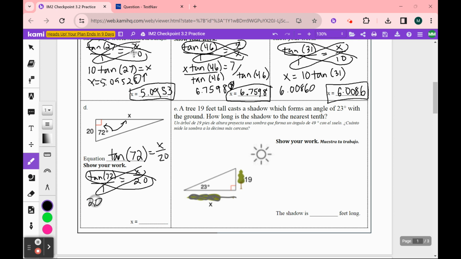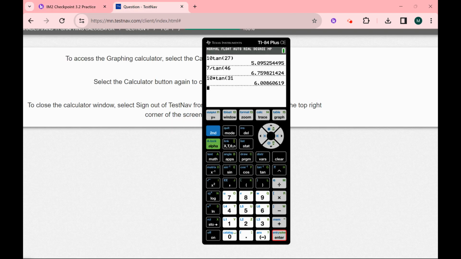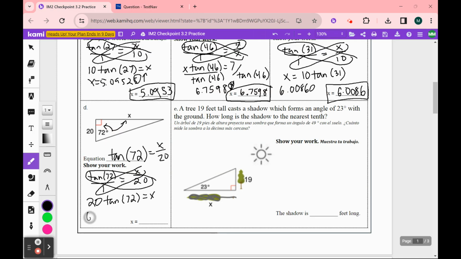I have 20 times tan of 72 equals x, and I'll put that in my calculator. 20 tan of 72 equals 61.55367. The 7 makes me round up, so I have 61.5537.